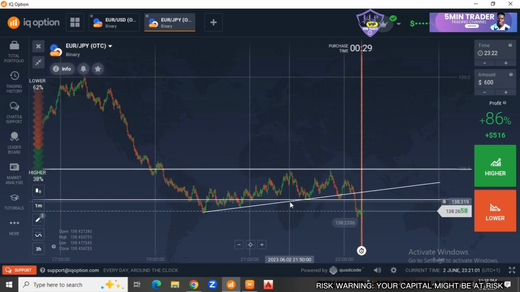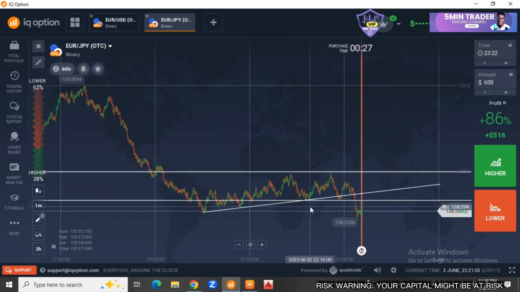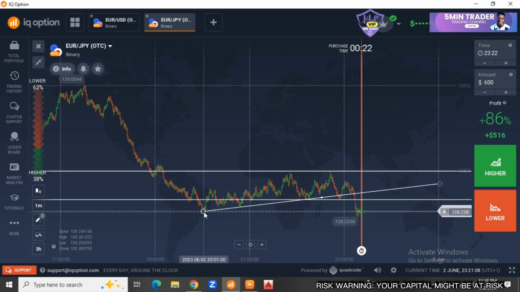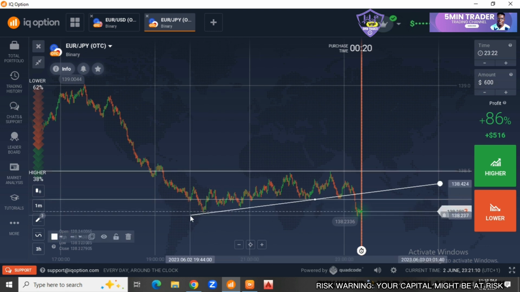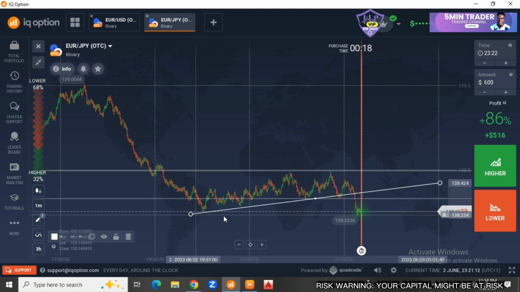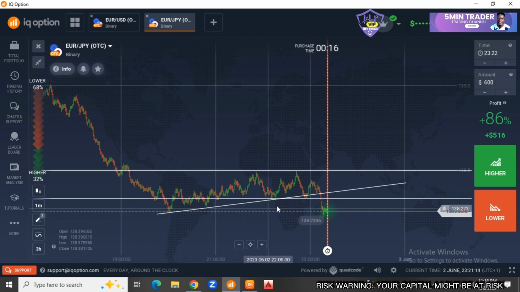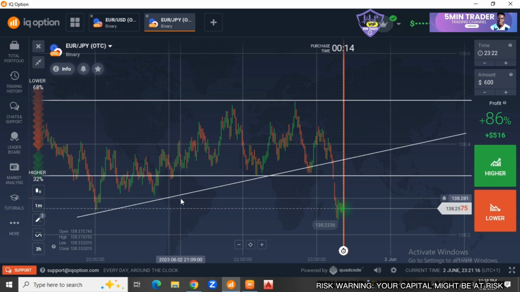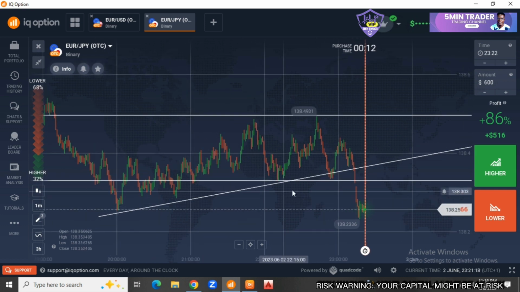When I came into this chart, the next thing I tried to identify was where I could enter into the trade for 5 minutes, and the first thing I did was apply this trend line on the support zone, because I'm trying to see what the market was doing on this lower scale.